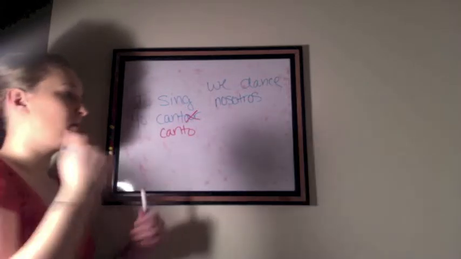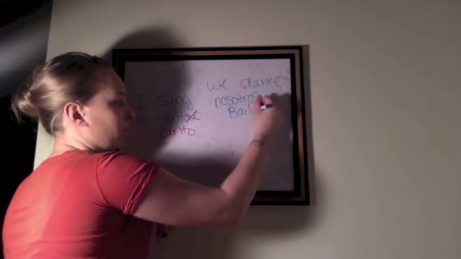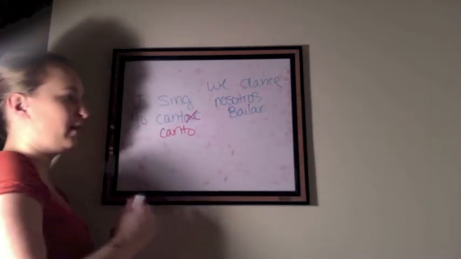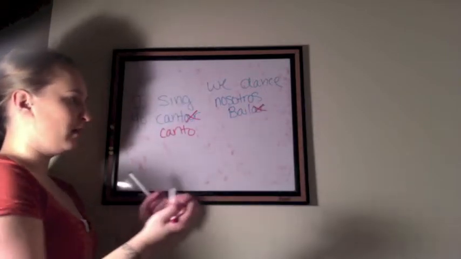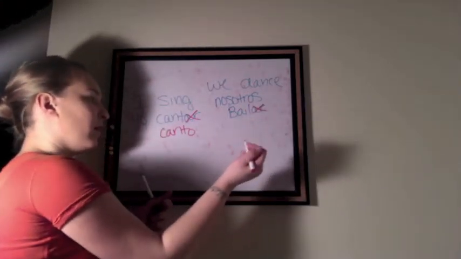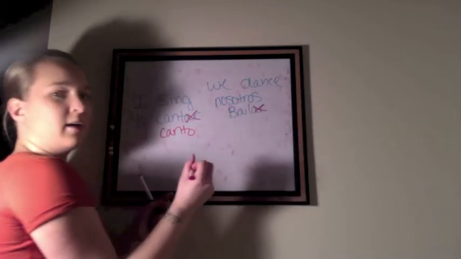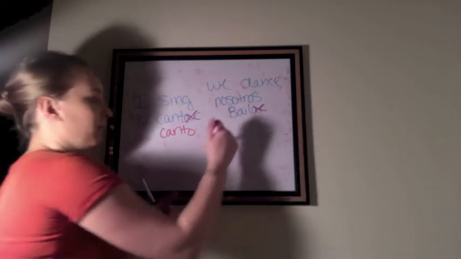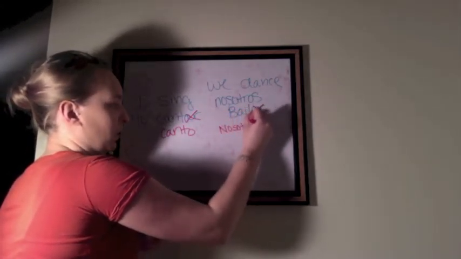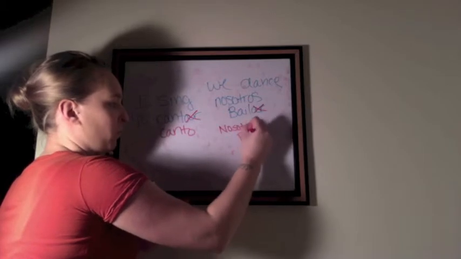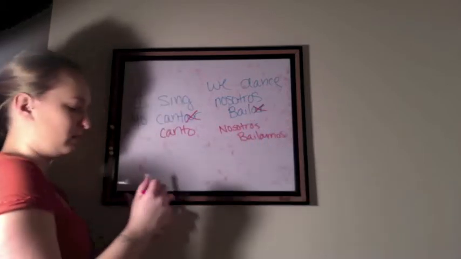Yep, bailar. And then you take off the AR. Yep, and you add amos. Yep. So that would make it nosotros bailamos. Perfect. We dance. Do you think you got the hang of it?